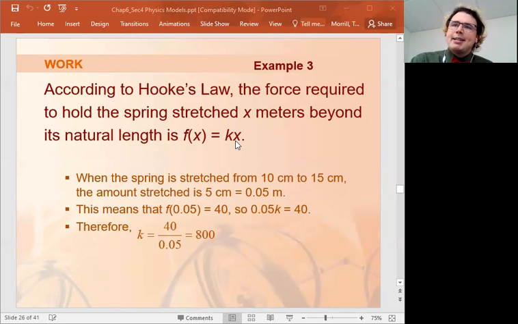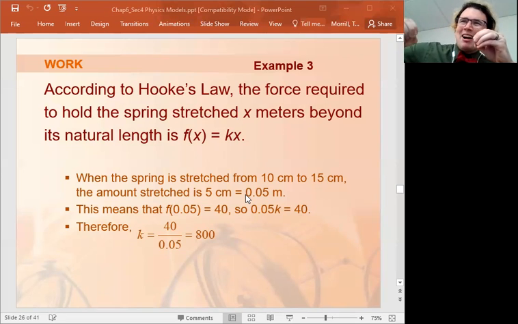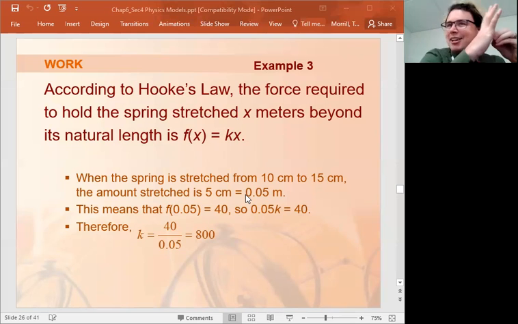Well, I would like to have the actual value for this spring constant, right? I want to know what number k is. So I have used this measurement. I know exactly how far my spring has been stretched. I know exactly how much force is required to hold it there, unless I let go.